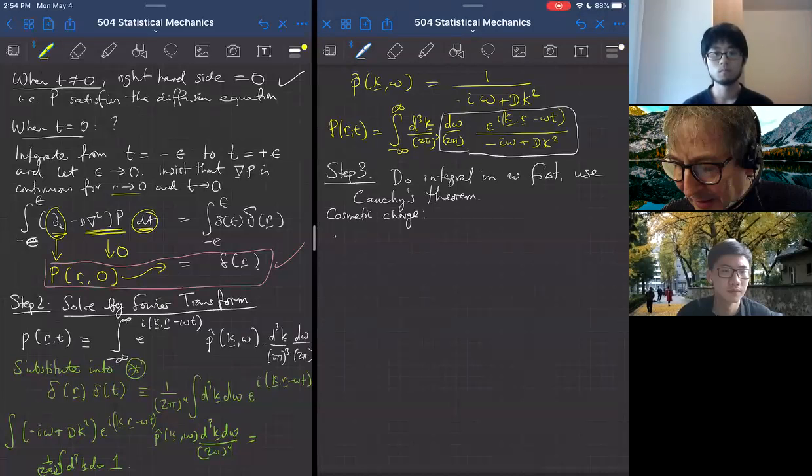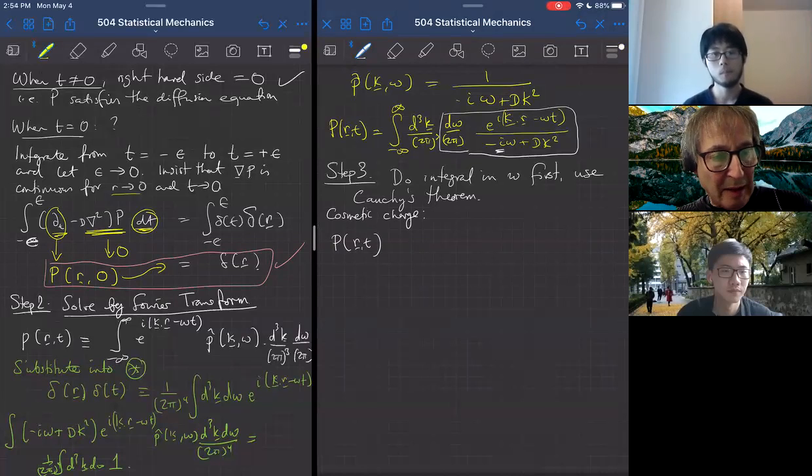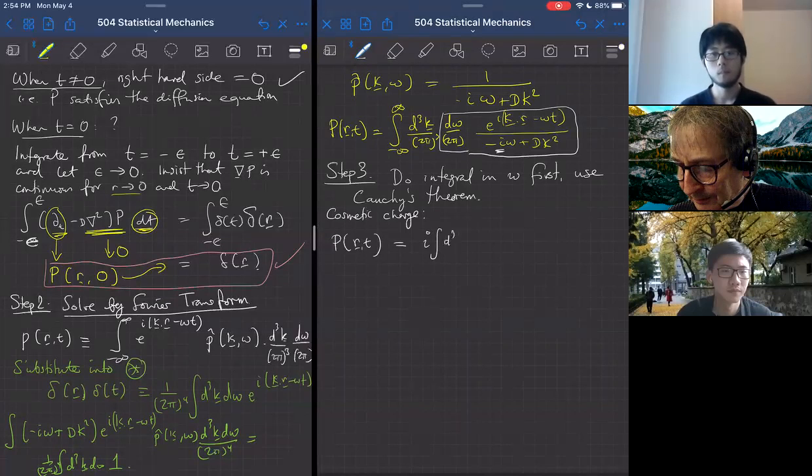I'm going to write p of r and t. I'm going to take this factor of minus i and move it up front. So I'm going to write this in the following way. I'm going to put an i out here, and then my exponential.